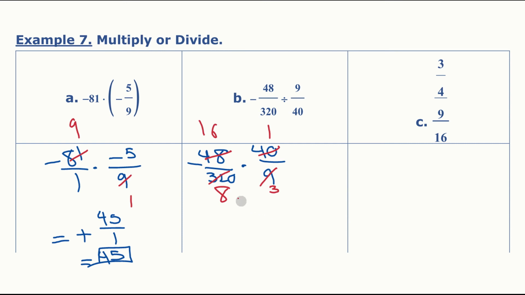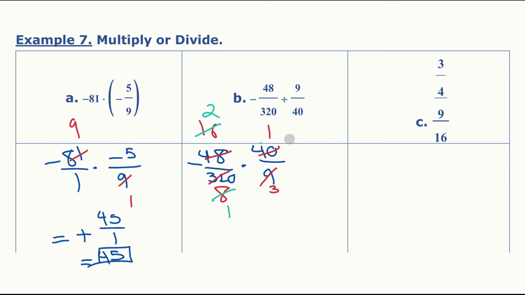All right, so basically now all we have to do is check to make sure that there's no more cross-canceling possible. And I noticed that I have another pair of numbers I could work with, right? So I'll do 1 second round of cross-canceling, and I realize that 8 goes into itself once, into 16 twice.